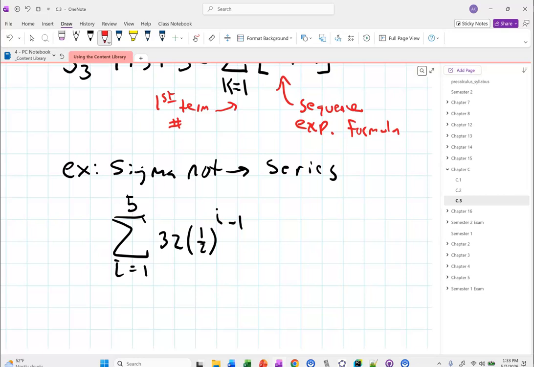So here is our sigma notation. So when I read this, I'm going to read it as the sum from the first term to the 5th term of this sequence. Is everybody okay with how I'm reading the symbols?